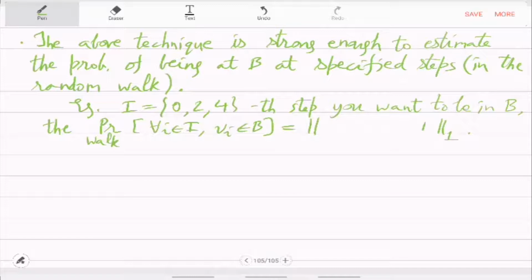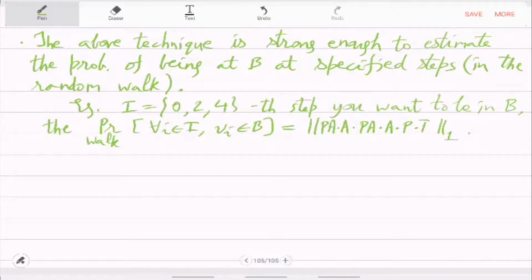So 1 bar is your initial vector, but at the 0th step you want to be in B, so you will multiply it with P. Then the first step you don't care, so you will multiply by A, and then the second step you do care, you want to be in B, so then you should multiply with PA. Okay, the third step you don't care, so it's anything which is A. The fourth step you care, so it should be PA. So this is your matrix product.